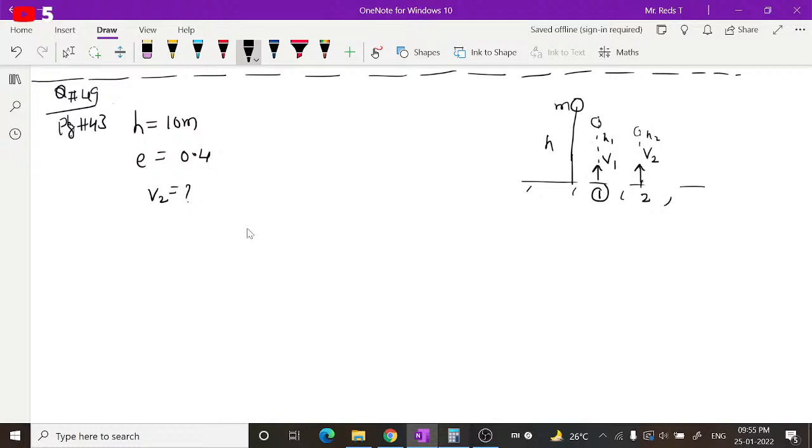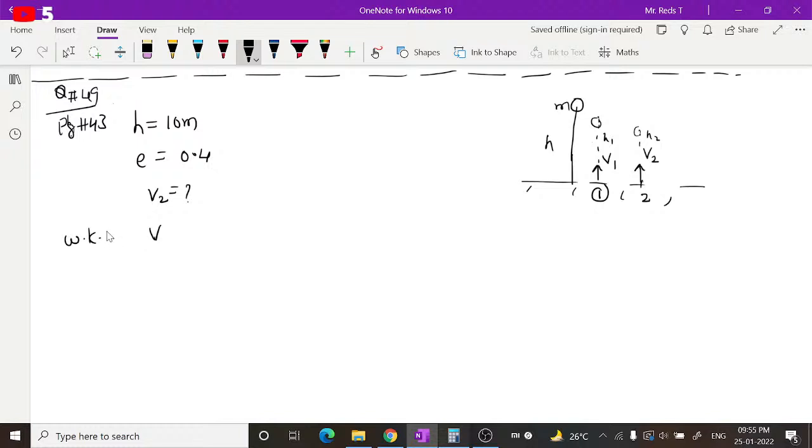So you have to recollect the concept of velocity after nth collision and height after nth collision. We have discussed these points also. We have to remember this: total distance traveled before it stops, and total time taken before it stops. These are different.